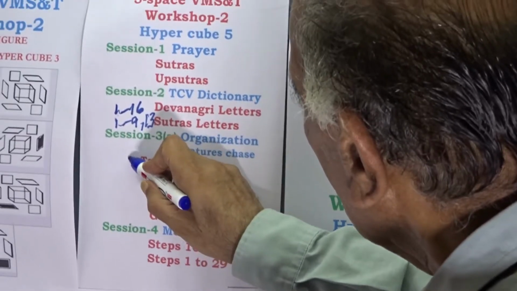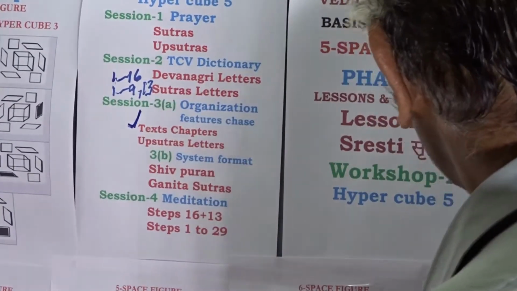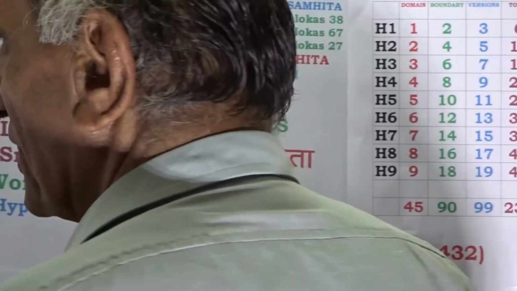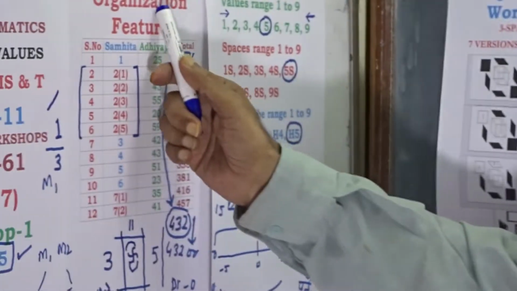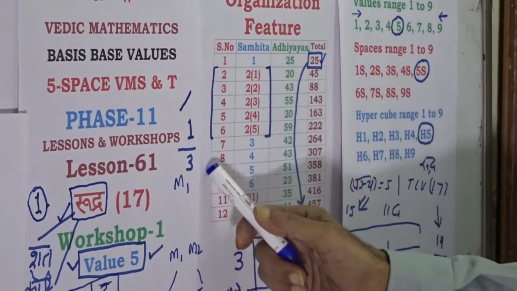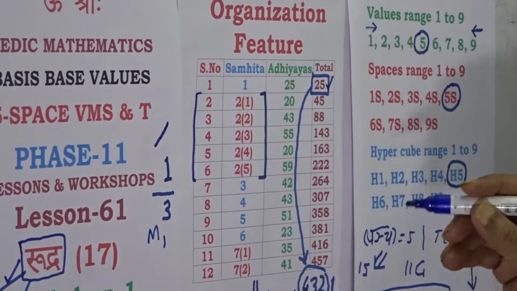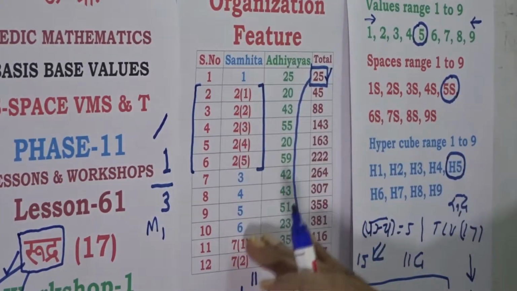Then, when we go a step ahead in the organization features, we have to take care that the organization feature of the text is giving us a tabulation. This tabulation of the letters of the chapters is the organization feature which was the focus of the previous workshop. It is the organization of the Samhitas of Shiv Puran.